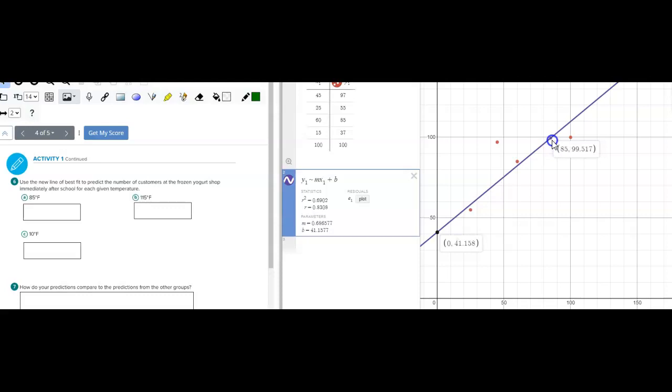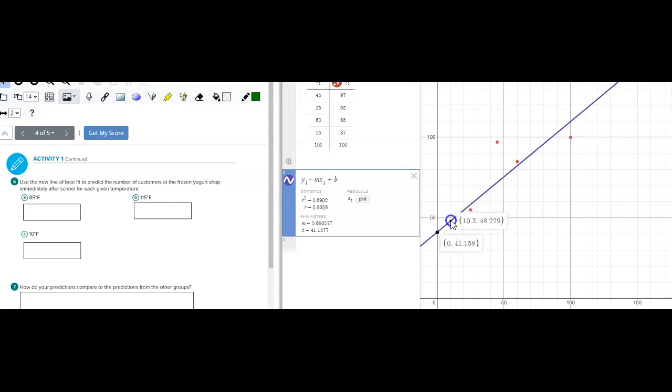There's 85. And the Y coordinate is the number of customers that you'll be serving. If you want to get to 115 degrees, go up to 115 as close as you can get, and then your Y coordinate shows the number of customers. And then again, if you go down to 10.